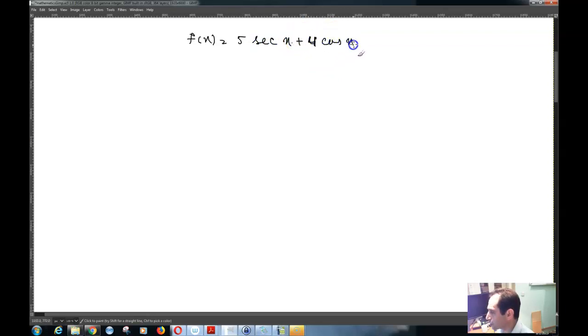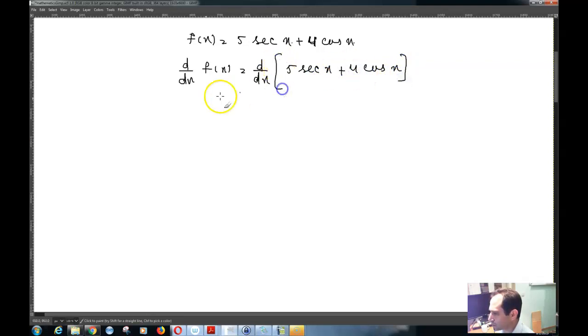Now, d by dx of f of x is equal to d by dx of 5 times secant x plus 4 times cos x, which is the same thing as d by dx of 5 times secant x plus d by dx of 4 times cos x.